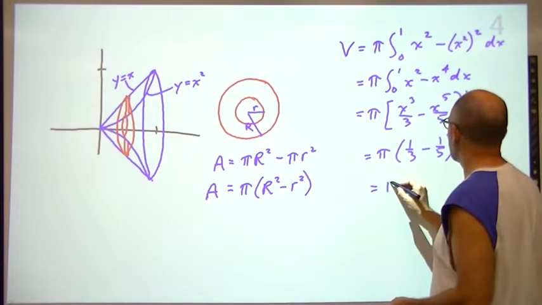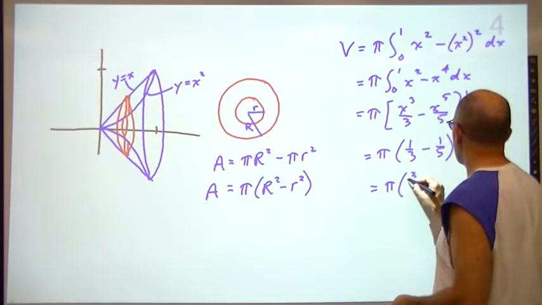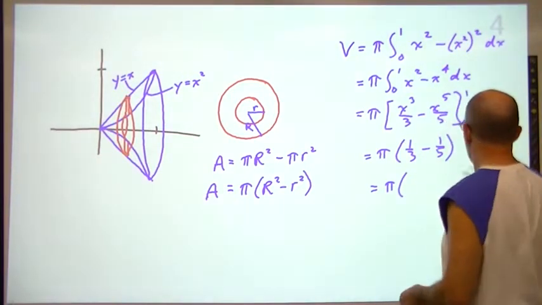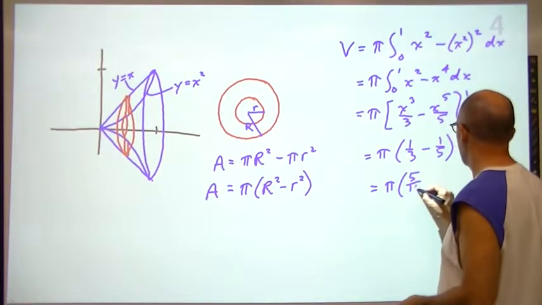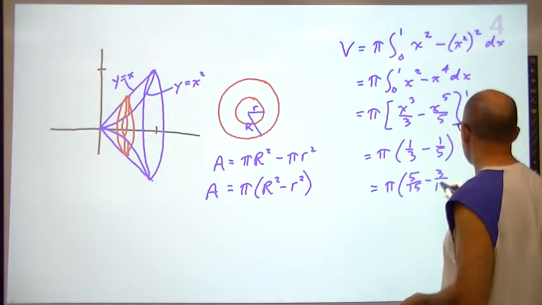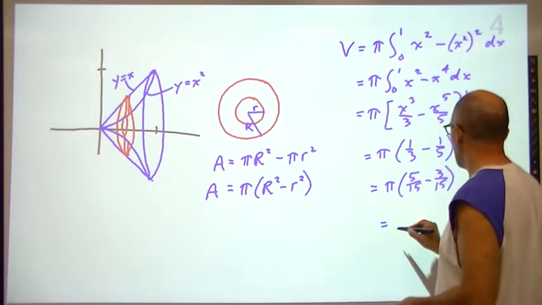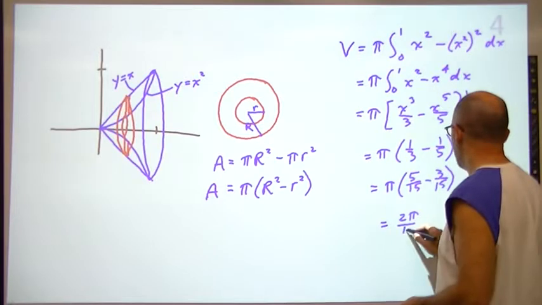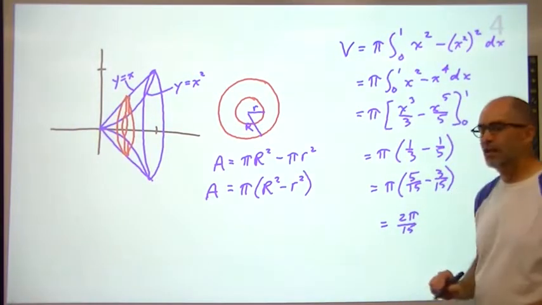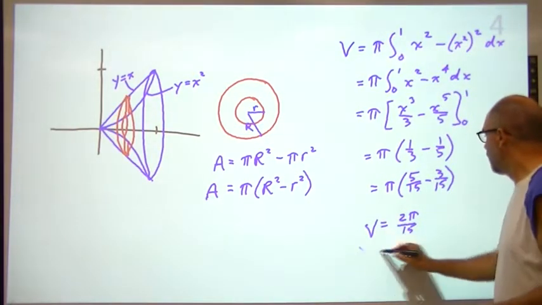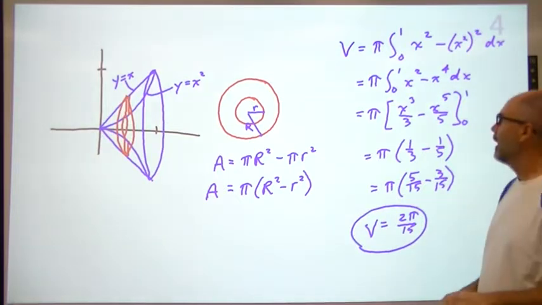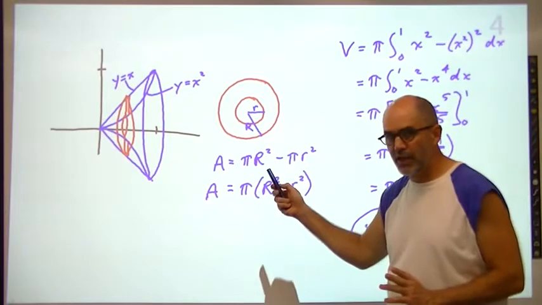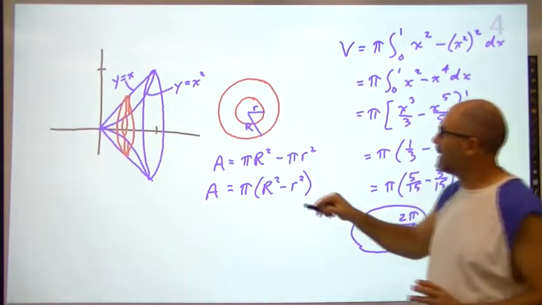So 1/3 minus 1/5 is going to be, rats, blew a tire, 5/15 minus 3/15. So our final answer is 2 pi over 15 cubic units. Bam, that's it.